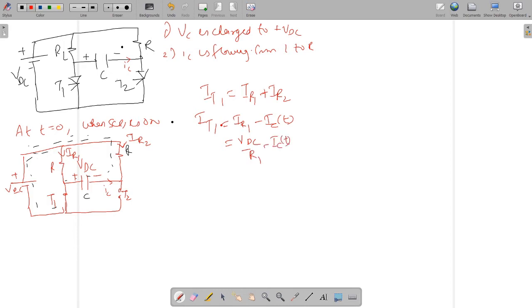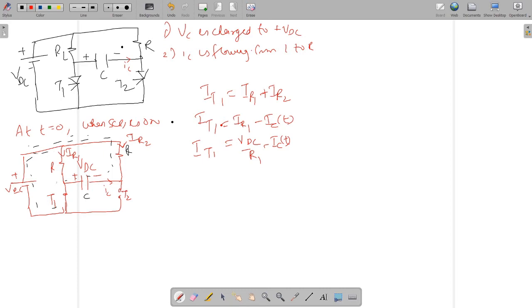Now if you want to find the capacitor current, you need to first find the capacitor voltage, and after finding the capacitor voltage, you can easily get IC of t equal to C into dVc upon dt. For finding the voltage of the capacitor, you can see here when this current is flowing, it is charging the capacitor in the opposite direction.